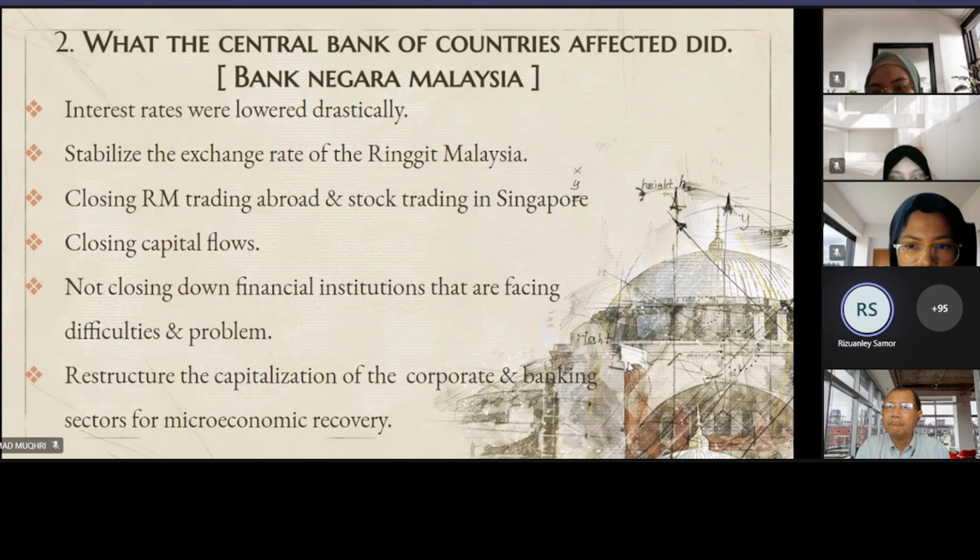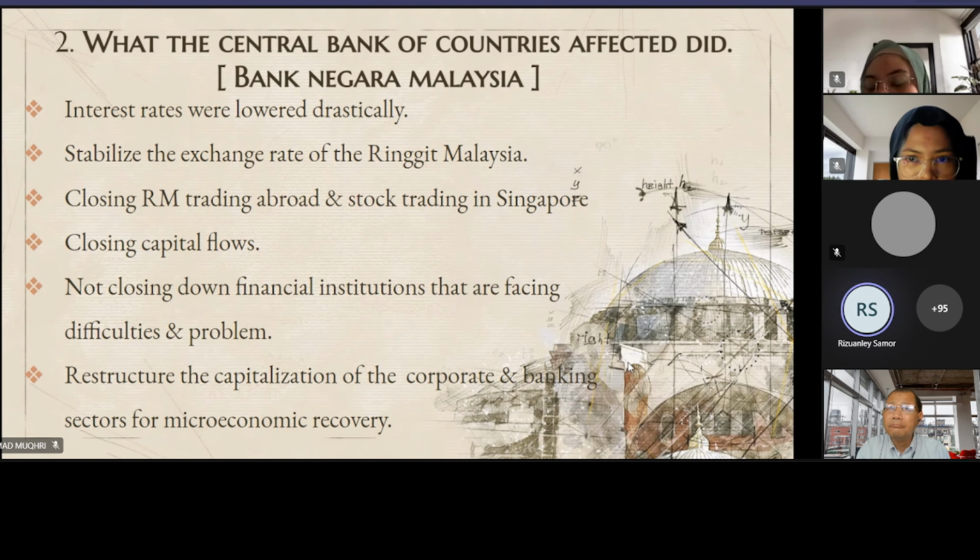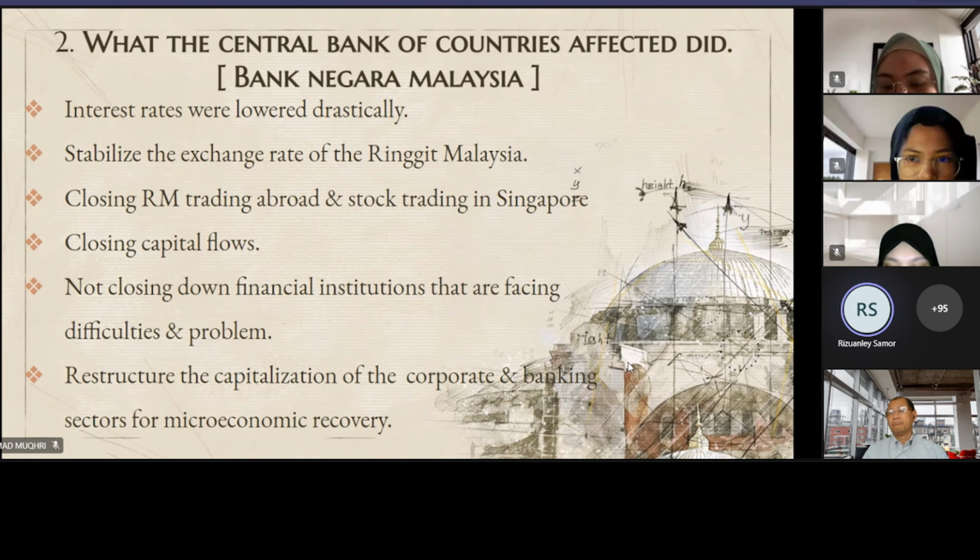For example, the IMF proposed to close all banks with critical problems to reduce the financial burden that needs to be borne by the government in terms of funds.